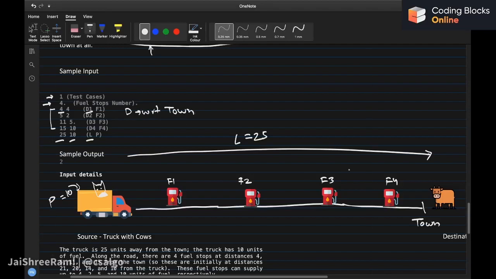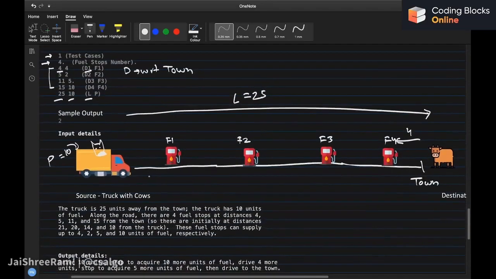So this is the fuel stop, it is at distance 4. That means this fuel stop is actually at a distance of 21 units from the truck, because the total length is 25 and 4 from the right would mean 21 from the left. Similarly, another fuel stop is there that is 11 units away.